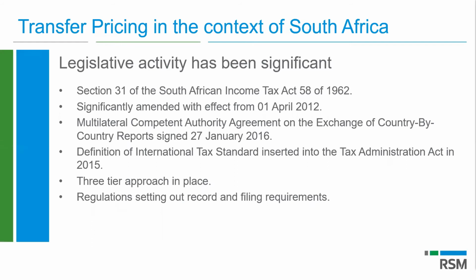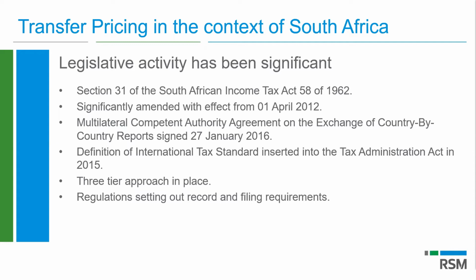So transfer pricing in the context of South Africa, legislative activity has been significant. The transfer pricing legislation has been in our Act for many, many years, but we've seen significant activity over the last 5 to 6 years. The fundamental or base legislation is set out in Section 31 of the South African Income Tax Act.